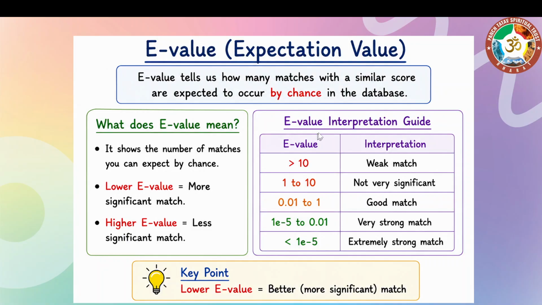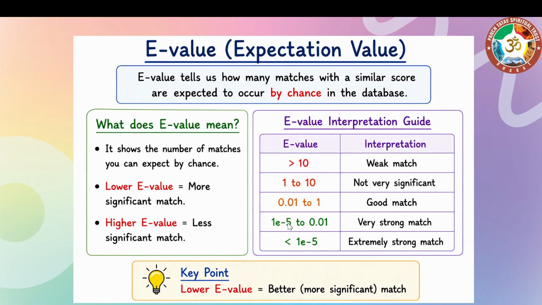We are understanding 10 is a bigger value, 0.01 is a smaller value compared to 10, and here 1 into 10 raised to power minus 50 means 50 zeros before 1. Now it is an extremely small value.